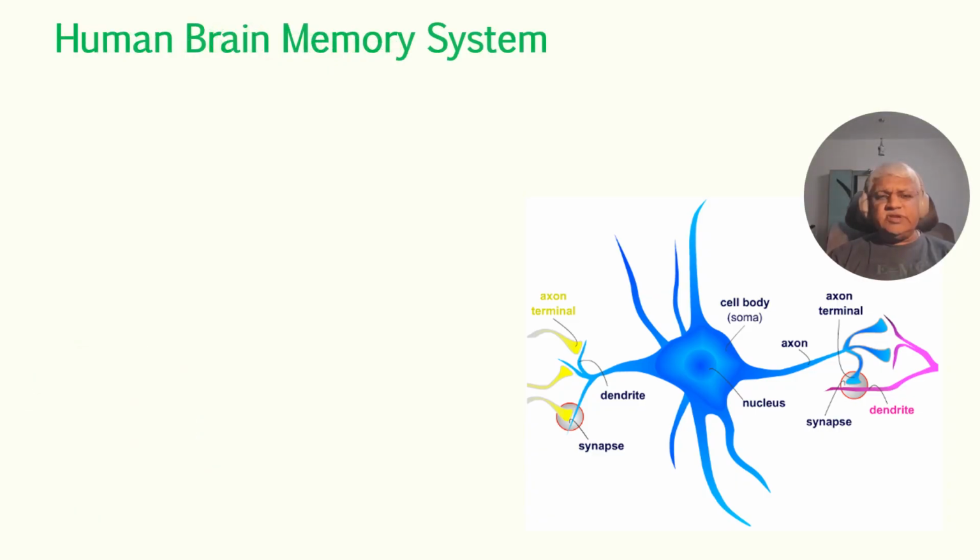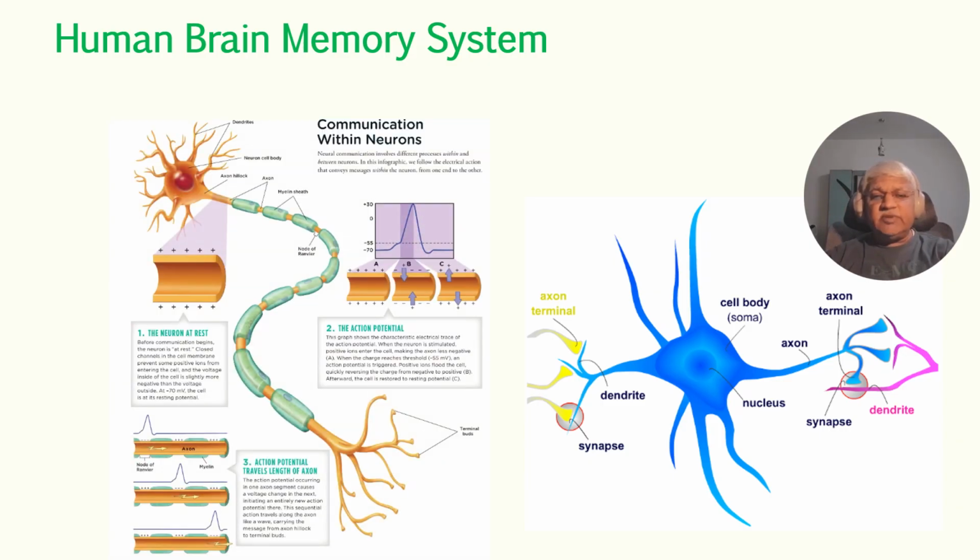I will also share one more piece of information about how information passes from one neuron to another. Assume that this neuron colored in blue wants to share information with another neuron. Here the dendrite is here, these are the axon, and the axon terminals are here.